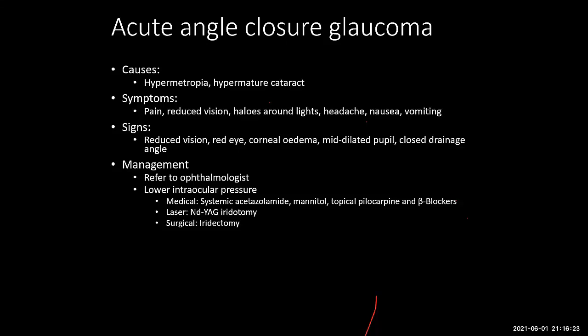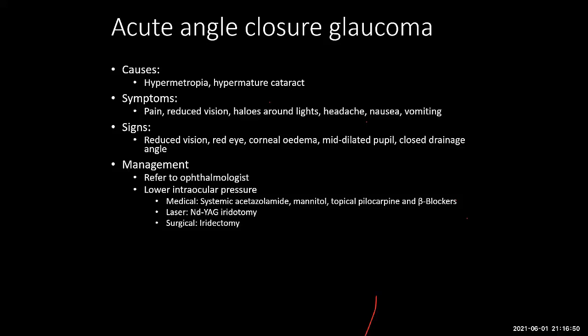We have a special technique of examining the angle with a special lens called a gonio lens. So we just put some local anesthetic into the eye, and then we examine with this lens. We just insert this lens to the eye, and you can visualize the angle and then diagnose very positively the entity of angle closure glaucoma.